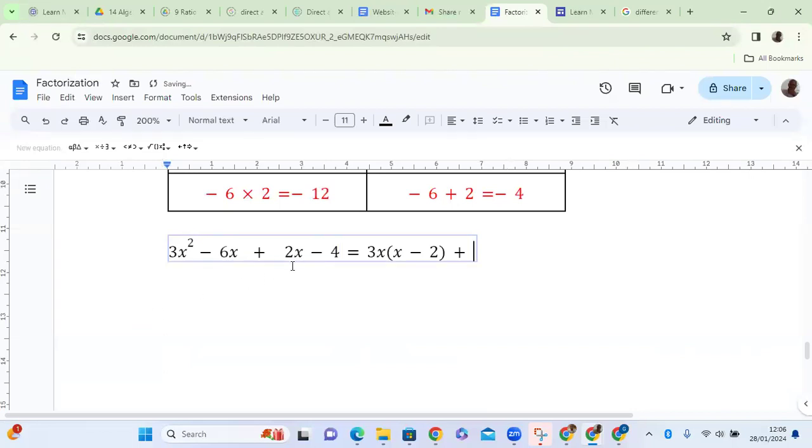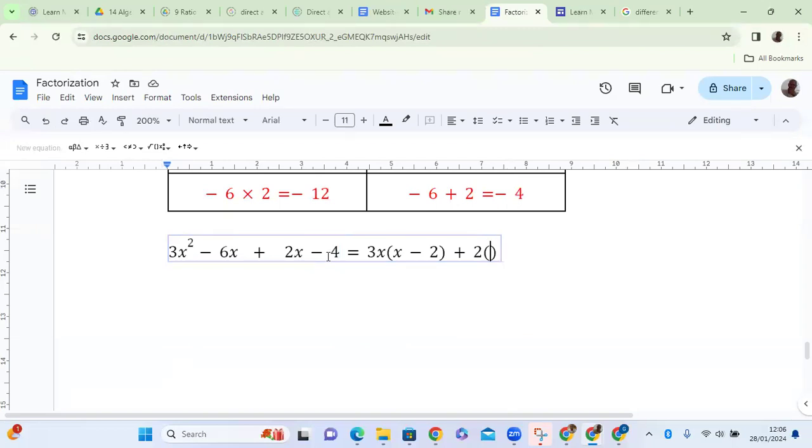Now we apply factorization 1 again to 2x minus 4. Between 2 and 4, the highest common factor is 2. x is not common, so we don't put it outside the bracket. To know what comes inside the bracket, we divide both 2x and 4 by 2.